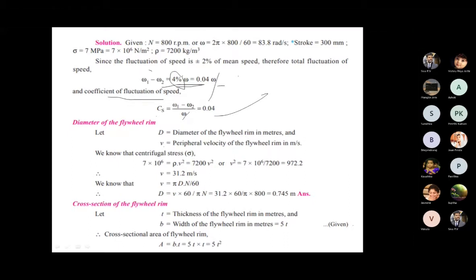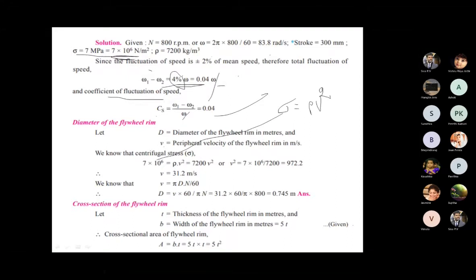Now the formula will be sigma equal to rho v square. This is the formula, sigma equal to rho v square. Substitute the sigma value, 7 into 10 power 6, which is given.